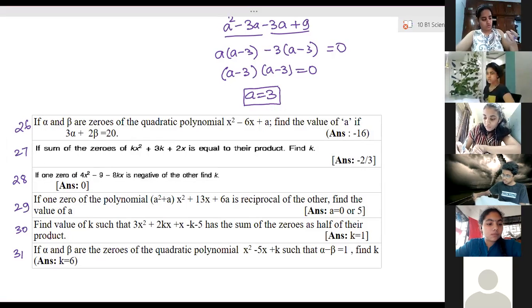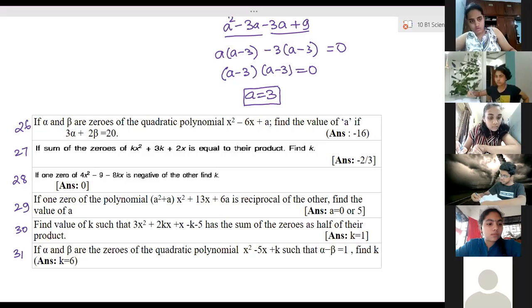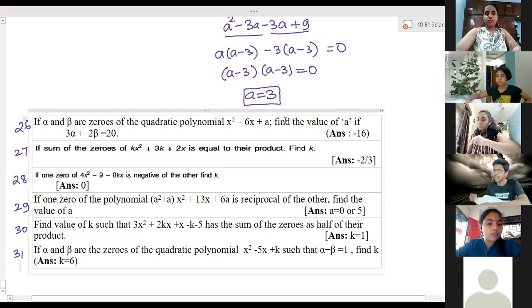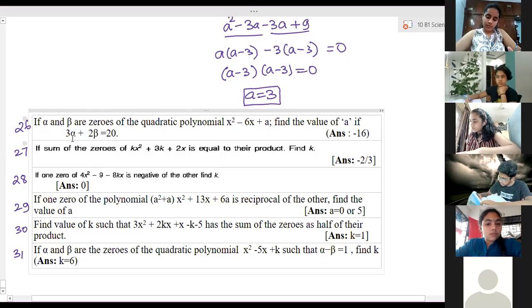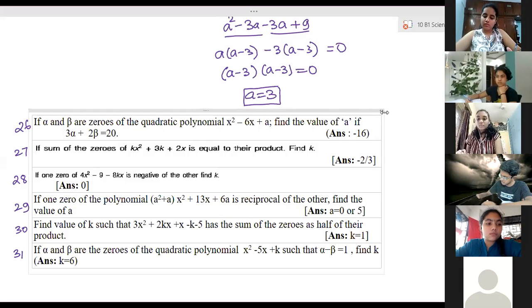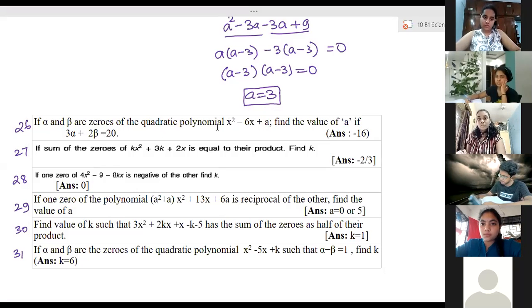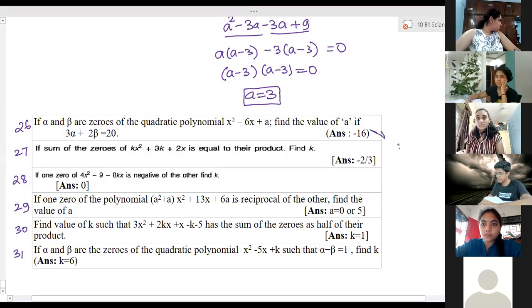26th one. Alpha and beta are the zeros of x square minus 6x plus a. Find the value of a if 3 alpha plus 2 beta is equal to 20. Now for this question, what values can we find out? We can find the value of alpha plus beta, which is 6 by 1, that is 6.